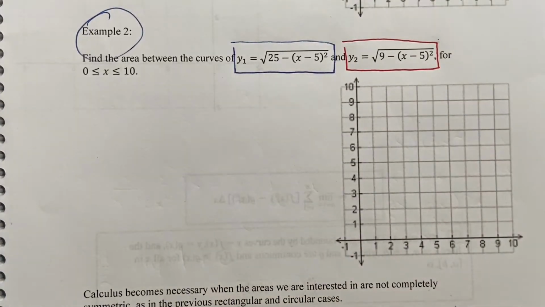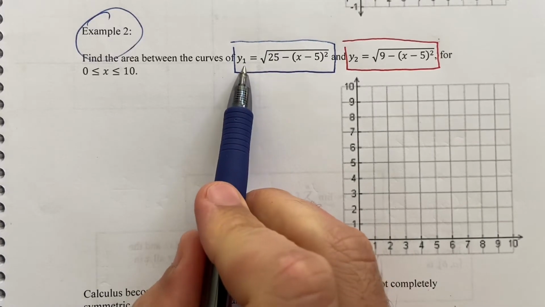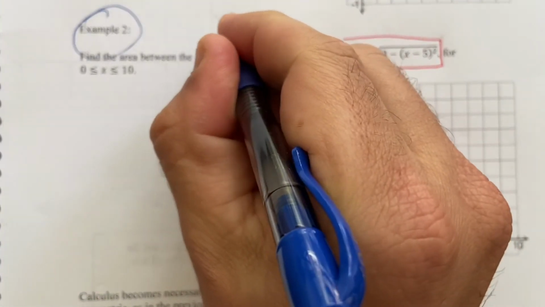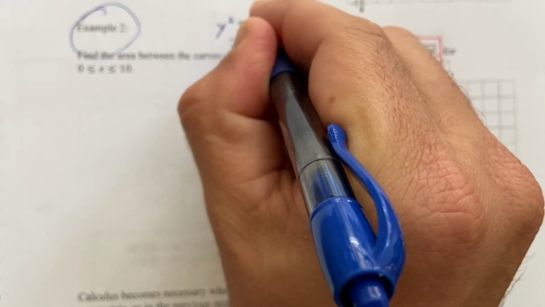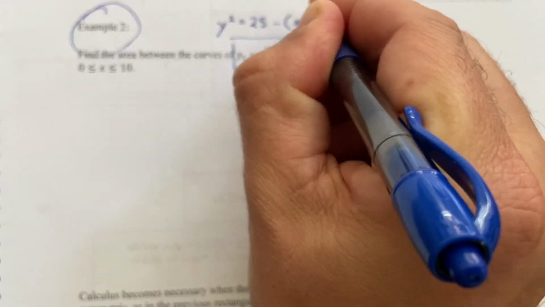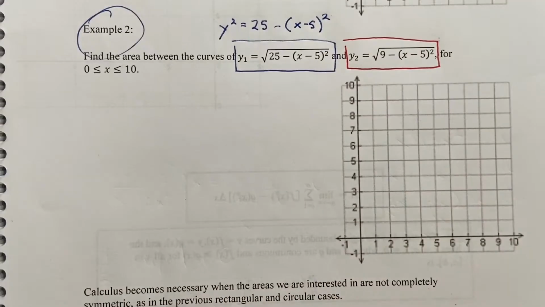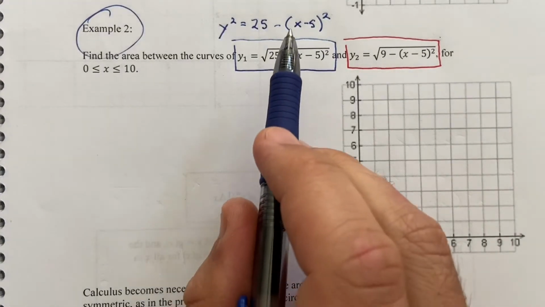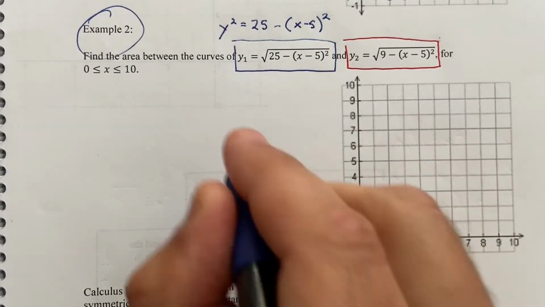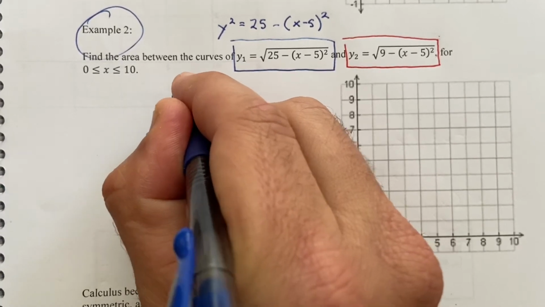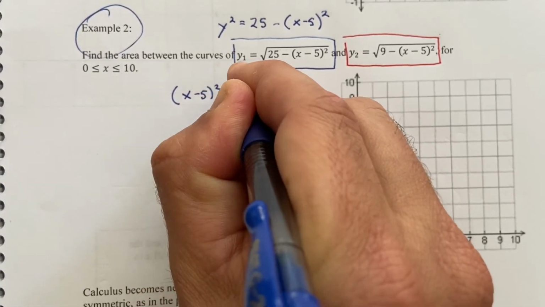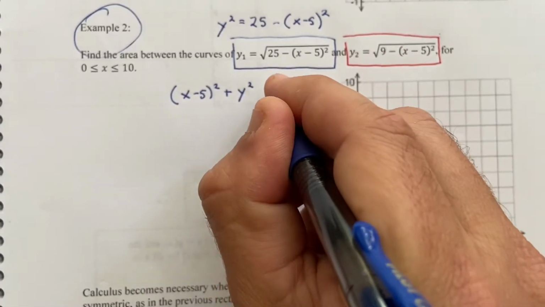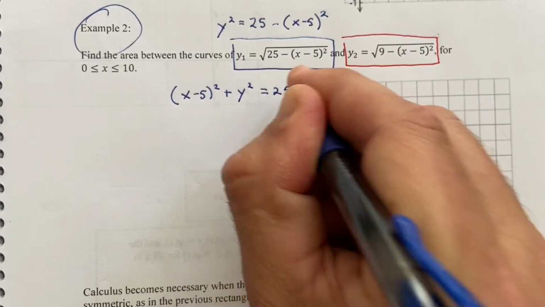If you square both sides, you would get y squared equals 25 minus (x minus 5) squared. If you add this over, we could write (x minus 5) squared plus y squared equals 25.